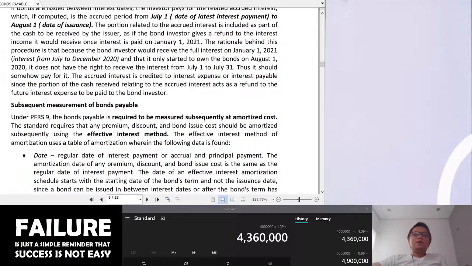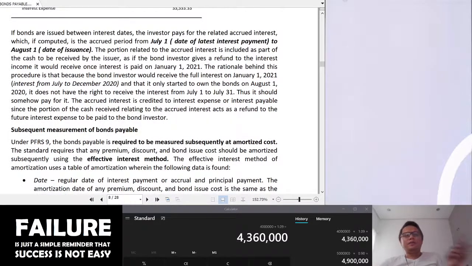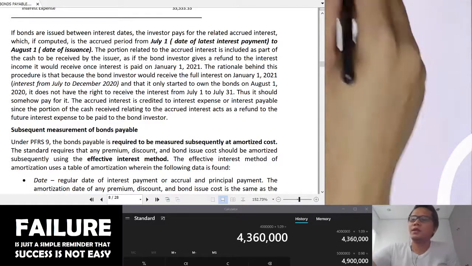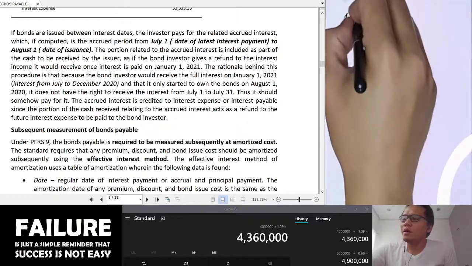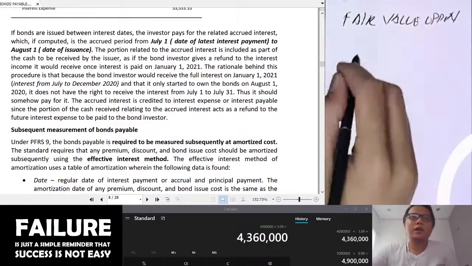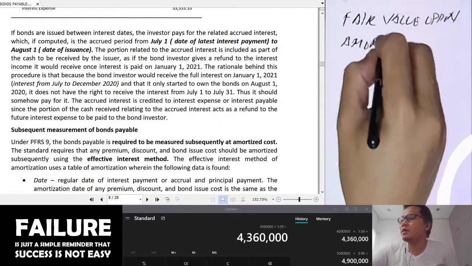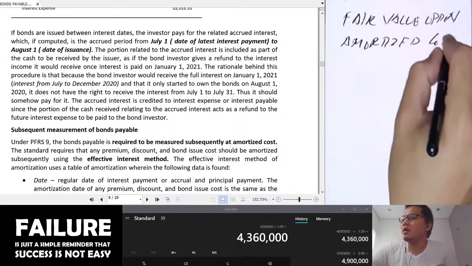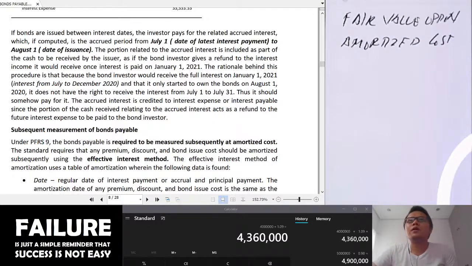So again, now, diba there are two approaches available for us on how to present bonds. Okay, di ba? We have the fair value option and we have the amortized cost.